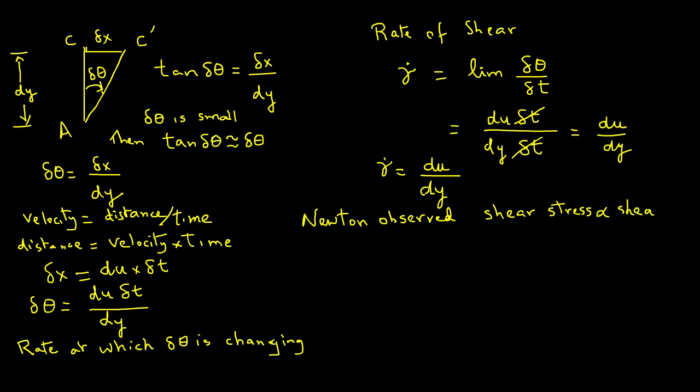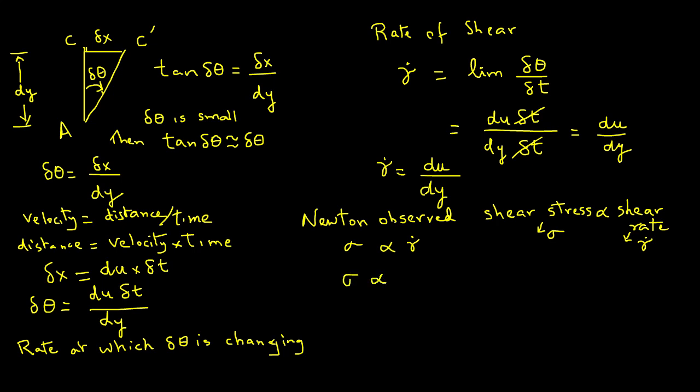So the shearing stress, which we give the symbol sigma, is directly proportional to gamma dot. This is again based on Newton's observation. And so we can say sigma is proportional to du over dy.